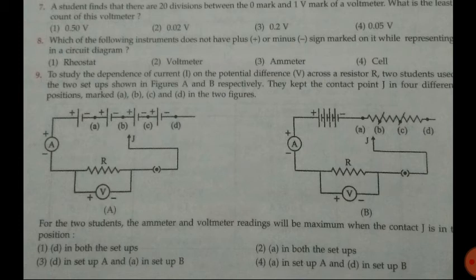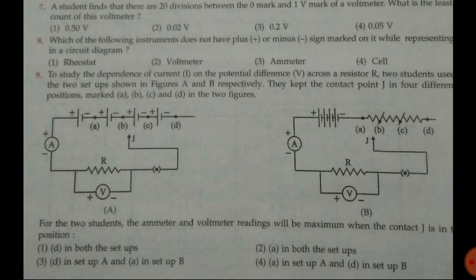Ninth, to study the dependence of current on the potential difference across a resistor R, two students used the two setups shown in figure A and B respectively. They kept the contact point J in four different positions marked A, B, C and D in the two figures.